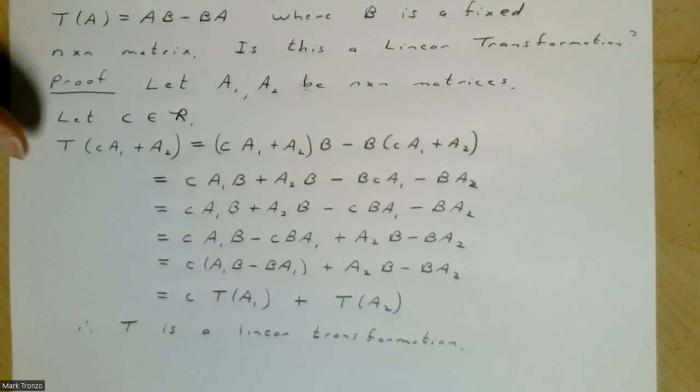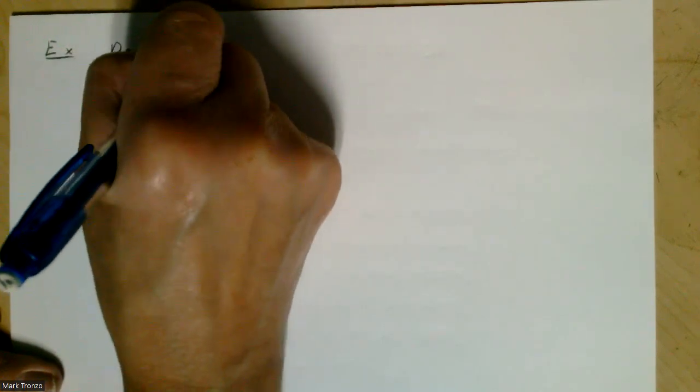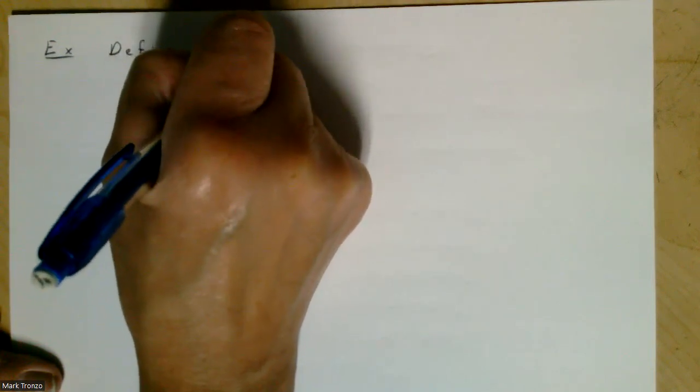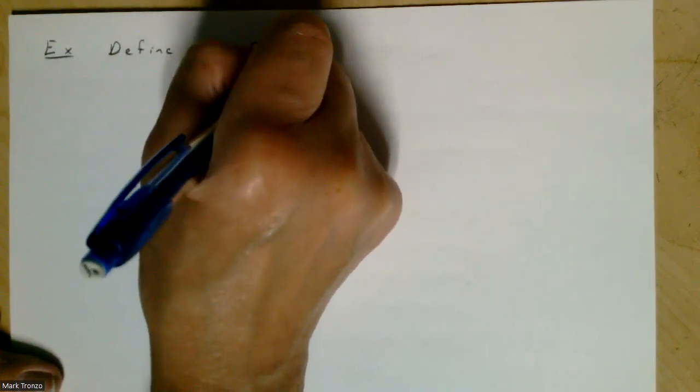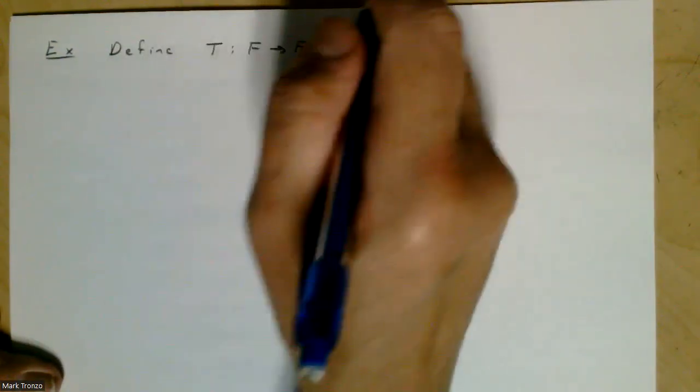And let's do a couple more. We're going to go back and deal with functions again. Define this linear map, where say this is a space of functions.